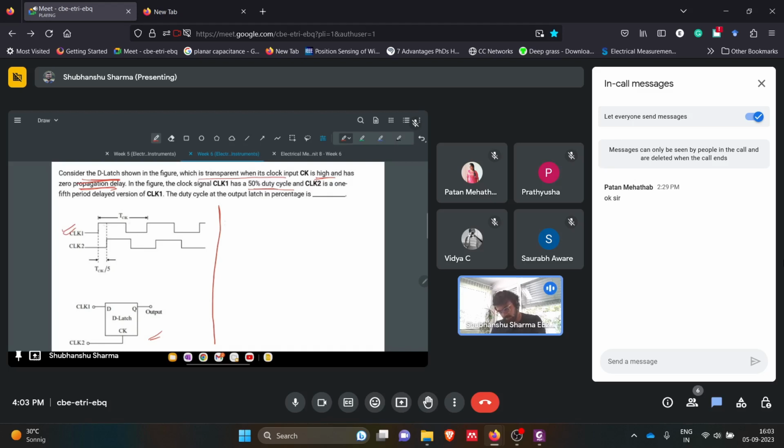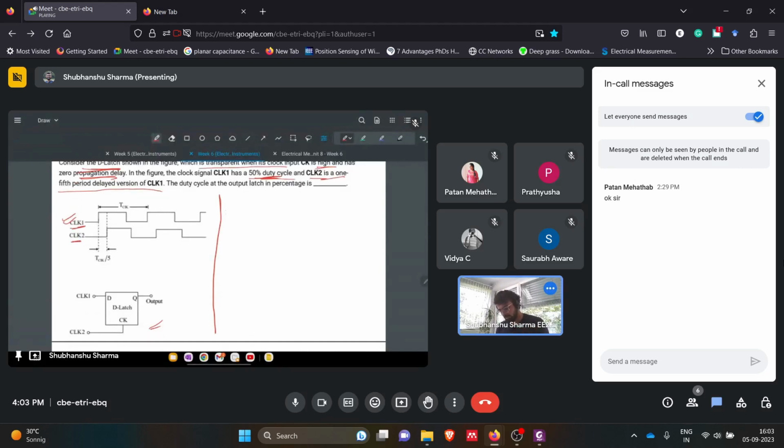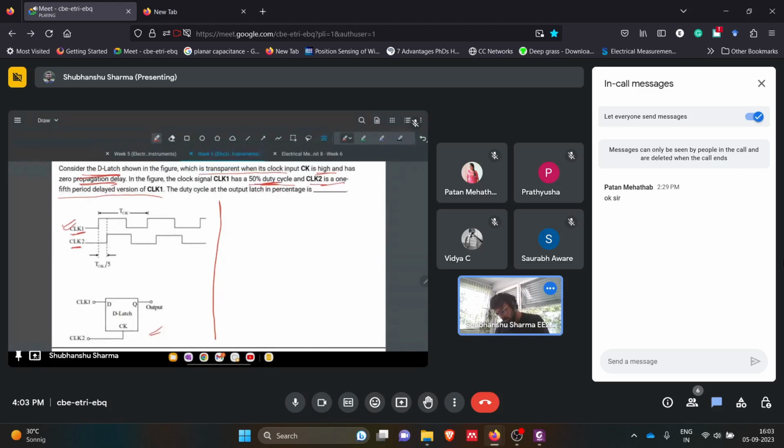And CLK2 is a 1/5 period delayed version of CLK1, so we give CLK2 by delaying CLK1 by 1/5 of its period. Now they are asking for the duty cycle at the output latch in percentage. Whatever we get at the output, what will be its duty cycle?